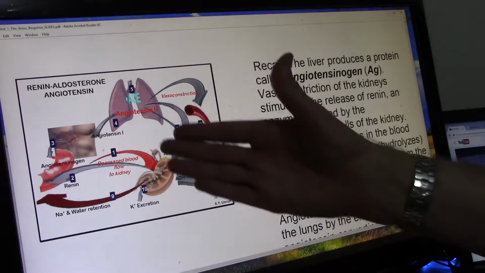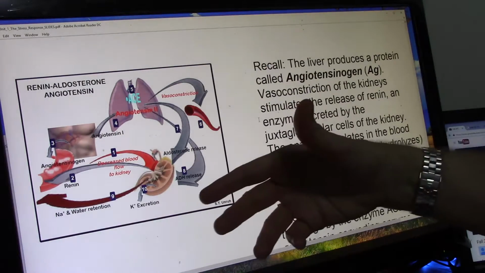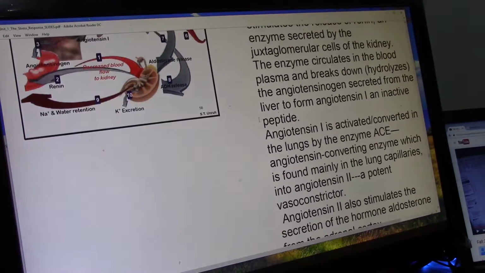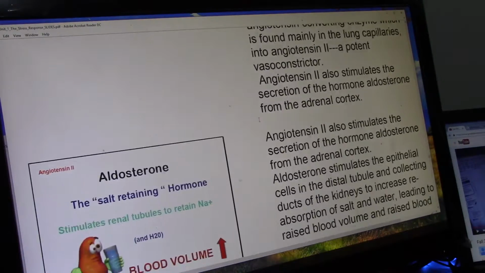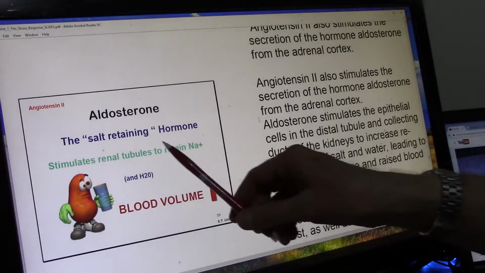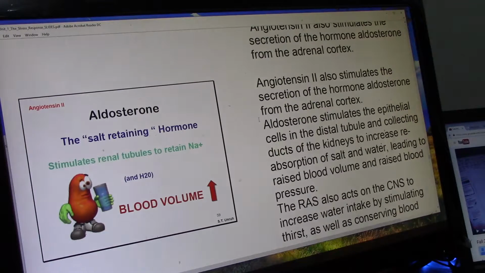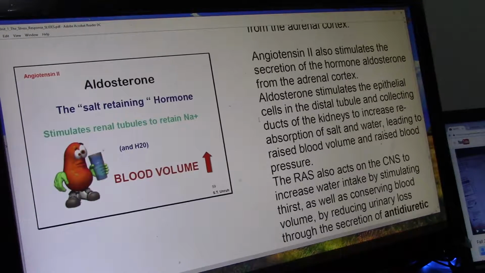Okay, so it gets rid of the potassium, retains the sodium, and then the water tends to follow the sodium, and you can read through how all that works. Aldosterone is the salt or sodium retaining hormone, and it stimulates the renal tubules to retain sodium. And therefore, wherever sodium goes, water follows.